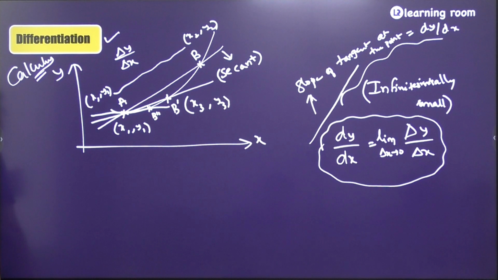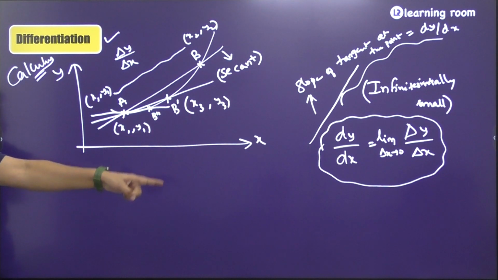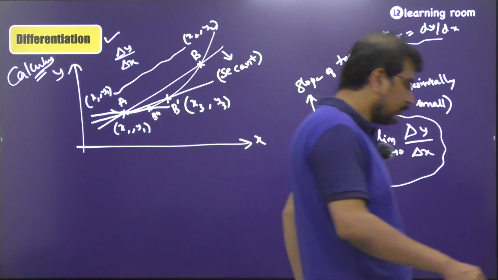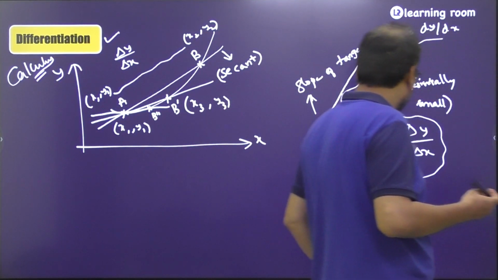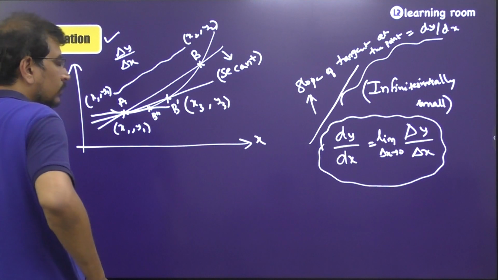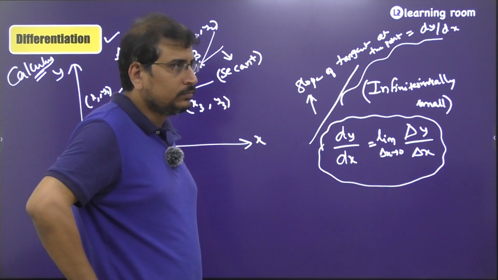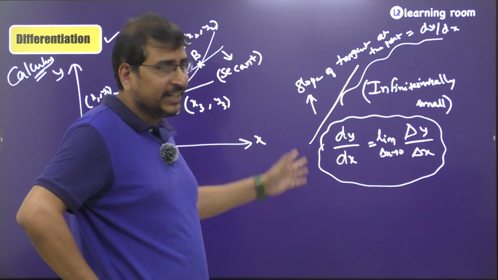Limit, you read it as limit delta x tends to 0. You can write it down. First, tends is an arrow mark, a rightward arrow mark. Limit is the one which leads to differentiation.